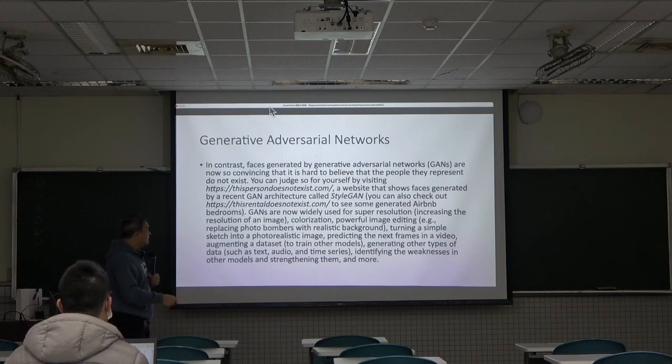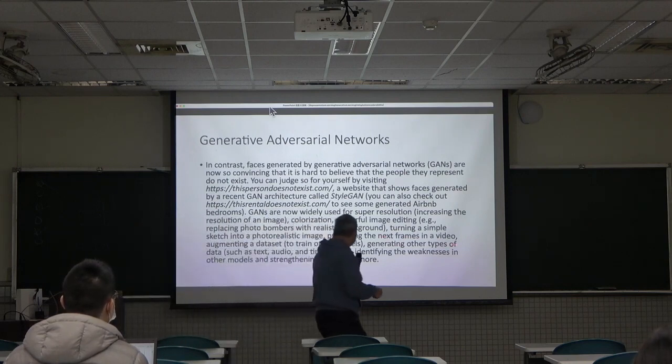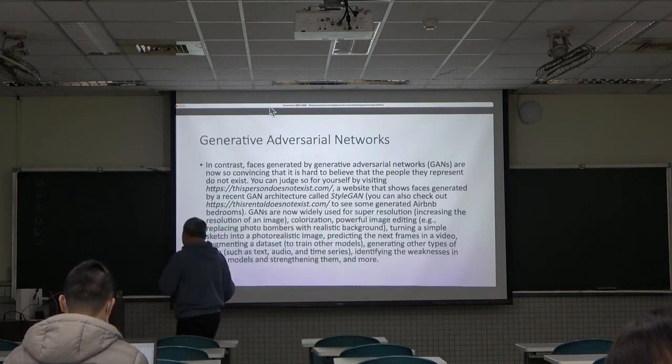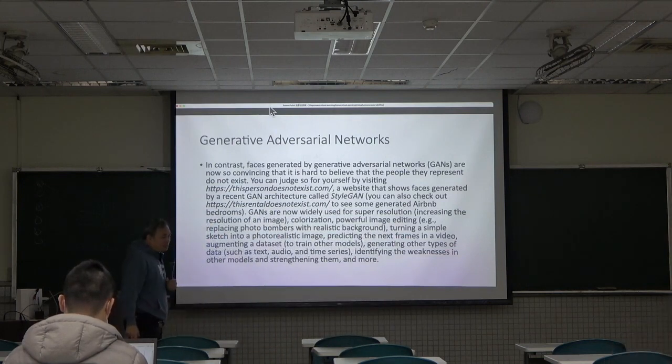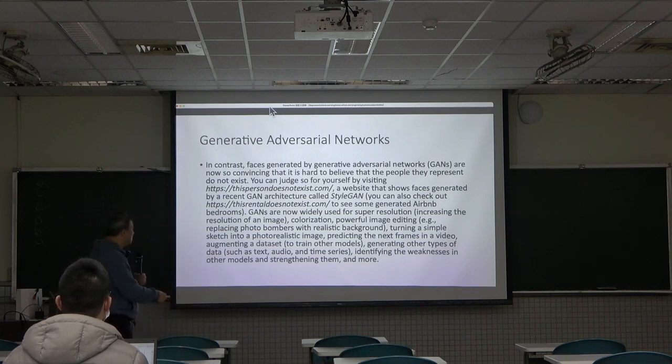Other applications include turning a simple sketch into a realistic image, predicting the next frame in a video, and augmenting data sets. You may even use a GAN to generate a lot of photos, and then use that to train your model. So the GAN has many sophisticated applications.